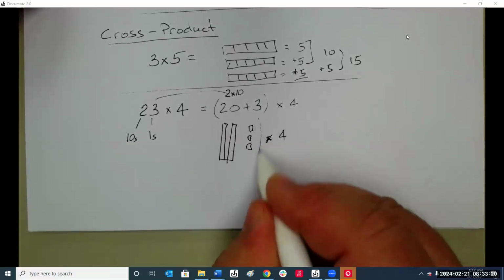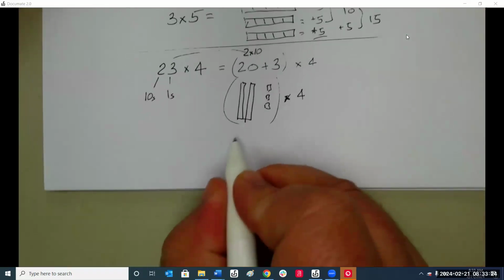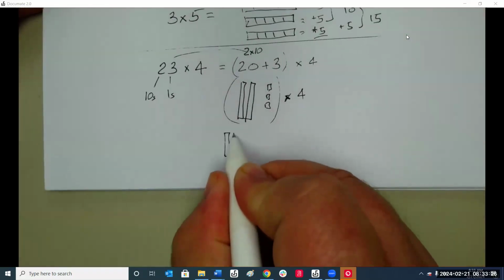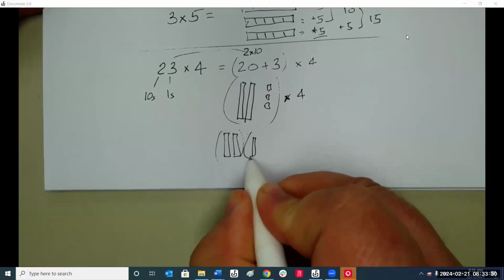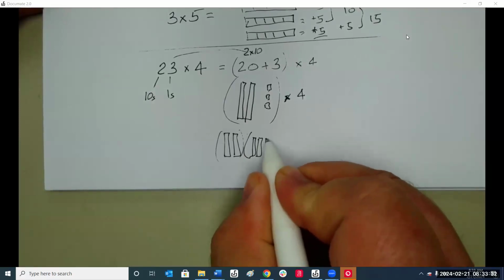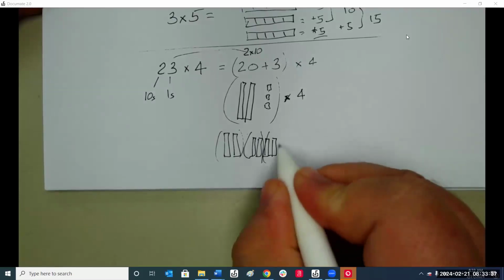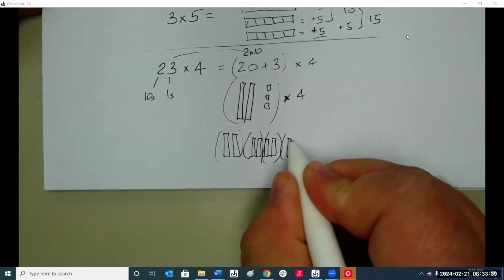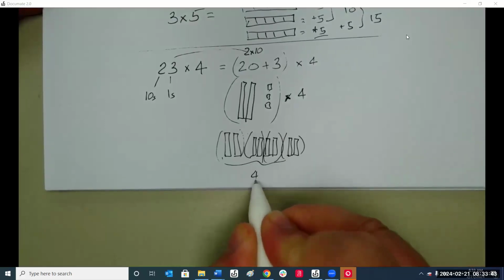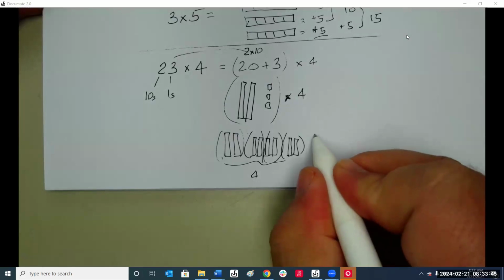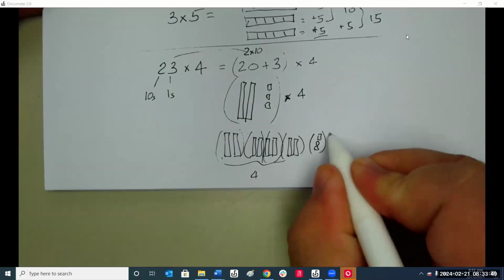What does times 4 mean? We would have 4 sets of 2 tens. There's 4 of those. And then 4 sets of 3 blocks.